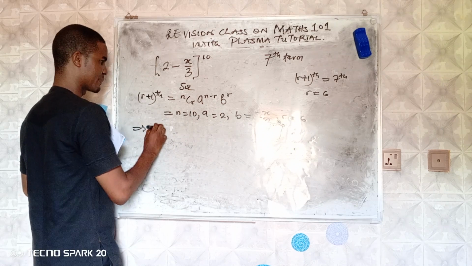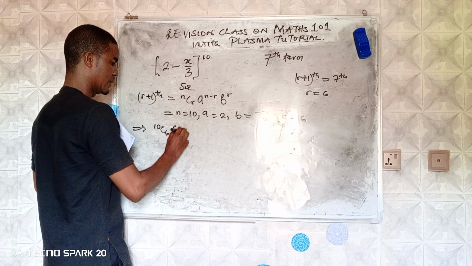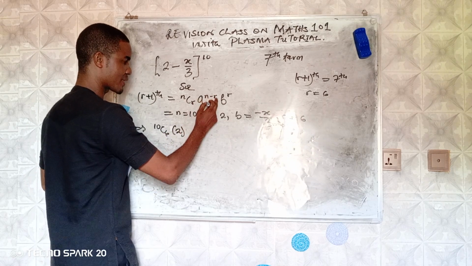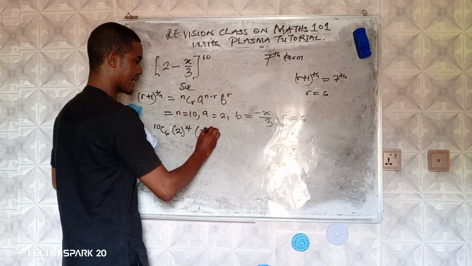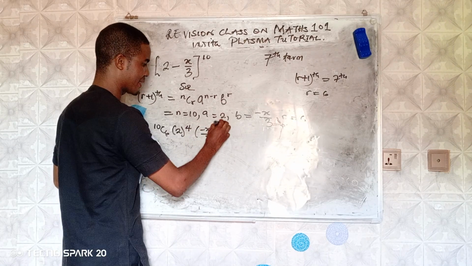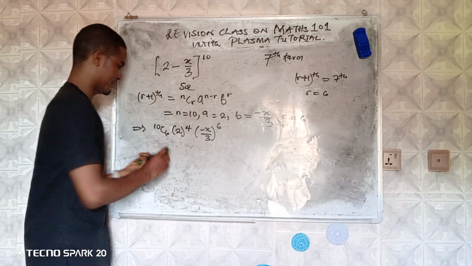So I'm going to be having 10 combined 6, times 2 raised to power 10 minus 6, which is 4, then minus x over 3 raised to power 6. I'd like us to look at the way I'm going to simplify this.